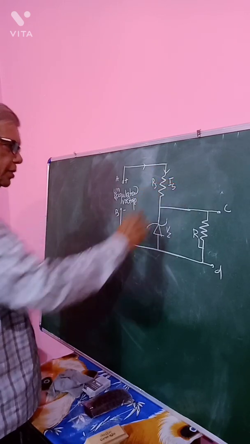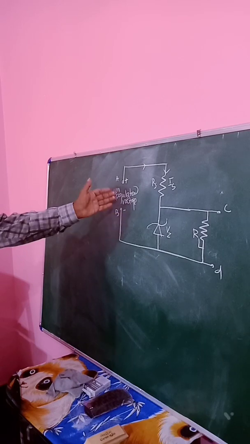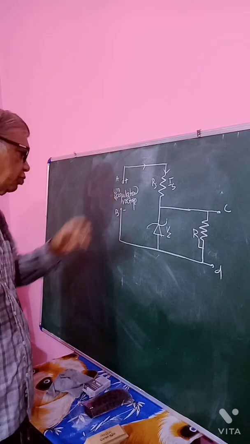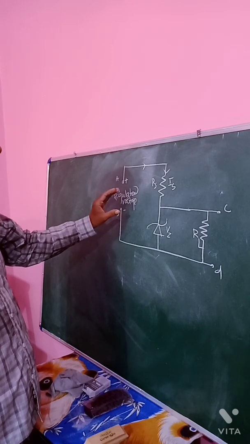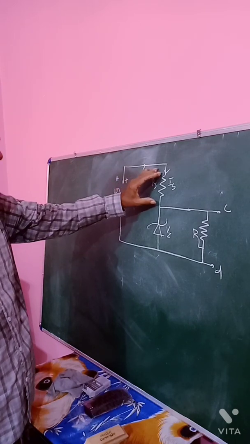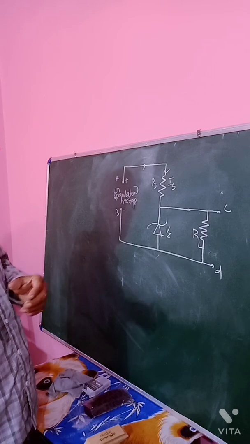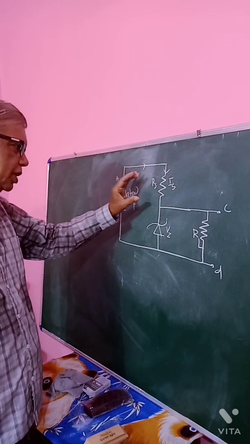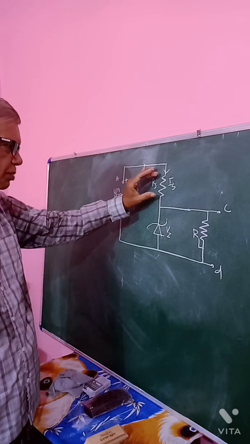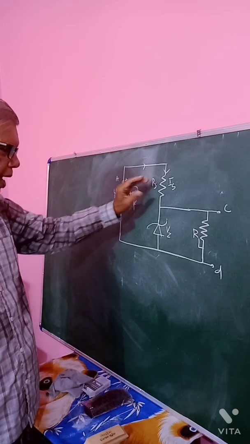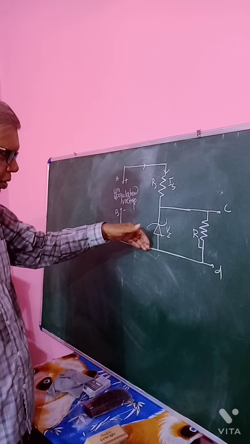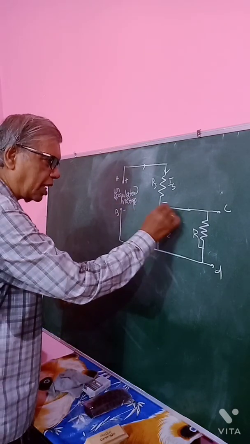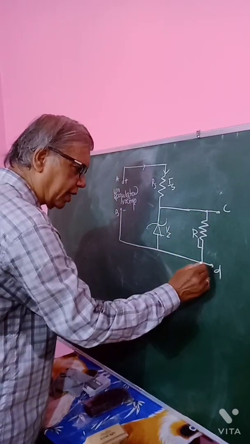Since it is not fixed, there may be a fluctuation of voltage across RS, the series resistor. This fluctuating voltage produces fluctuation of current, and the increase of current passes through the Zener diode, maintaining a constant potential across RL.